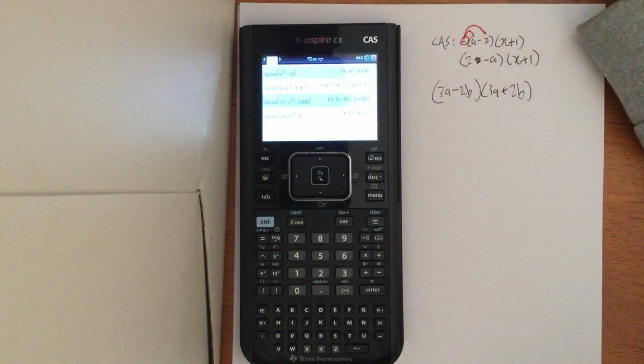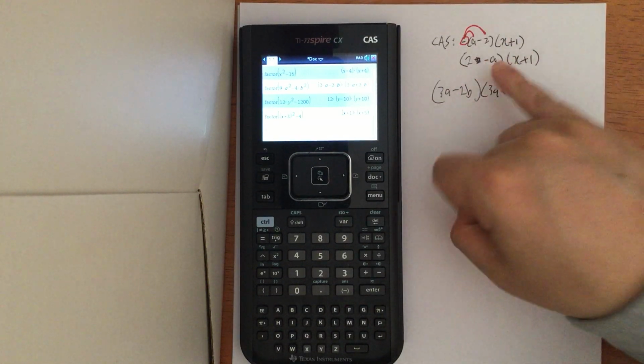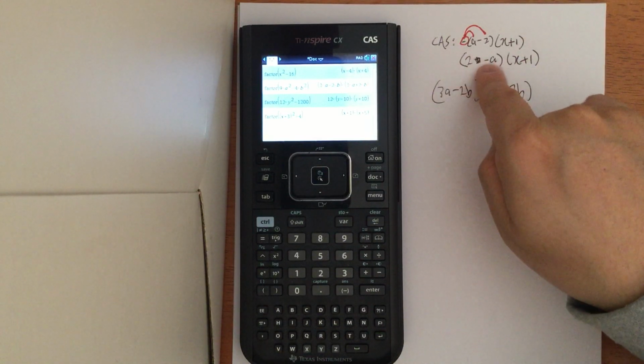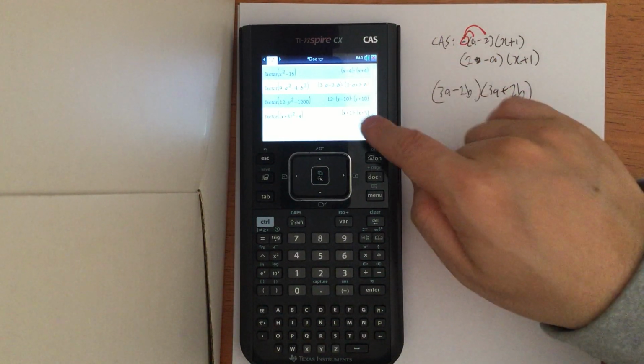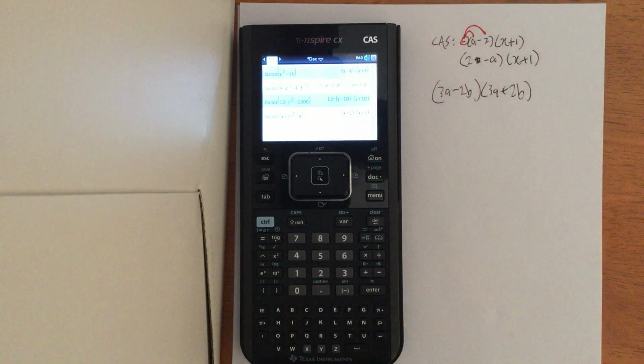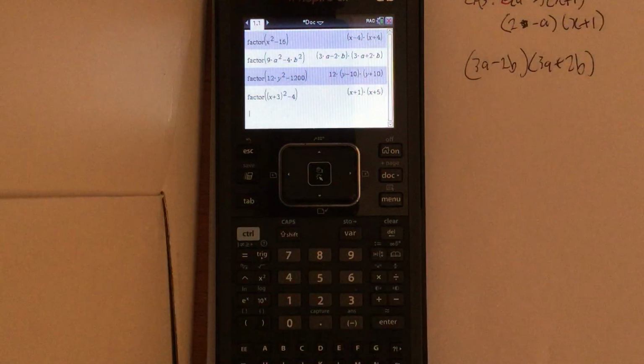So basically everything in examples 4 and 5 can be factorized with occasional manipulation of your sign and bracket stuff. It can be manipulated relatively easily.